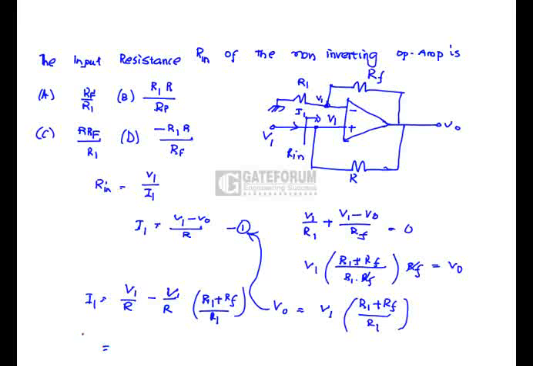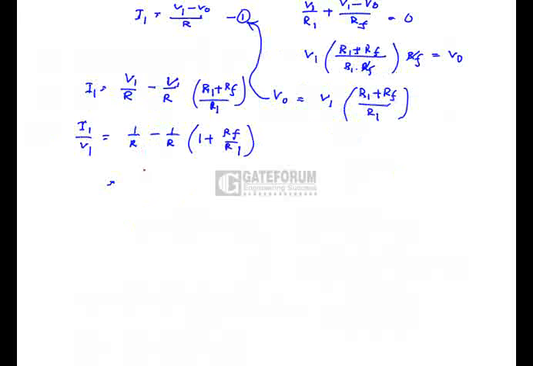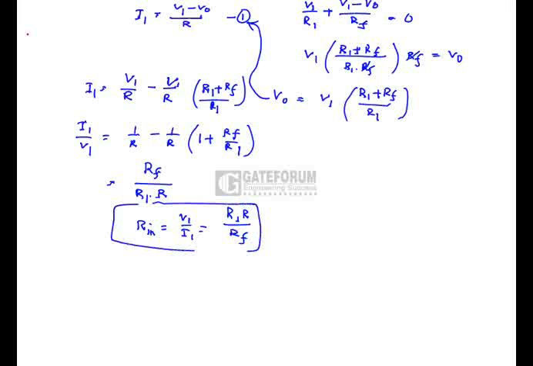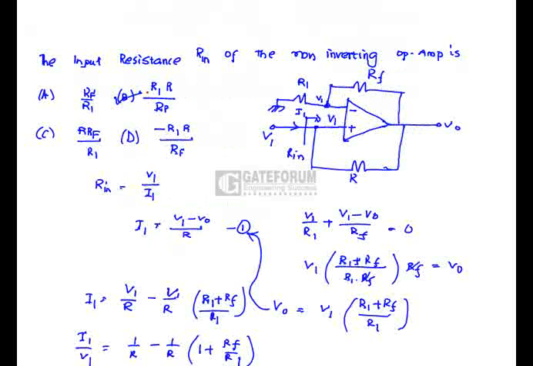So I1 by V1 is 1 by R minus 1 by R times (1 plus RF by R1), that is RF by R1 into R. So the input resistance is V1 by I1, which is R1 R divided by RF. So option B is correct.